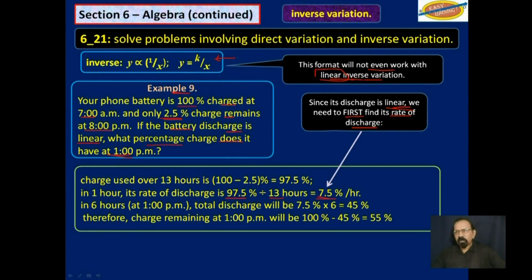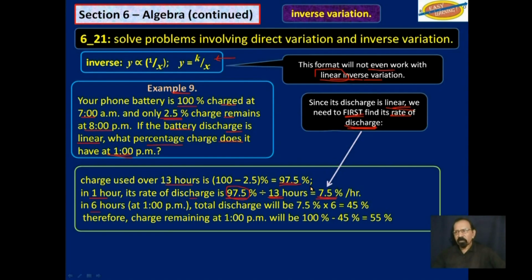Charge used over 13 hours is 97.5%. Therefore, in 1 hour, its rate of discharge would be that 97.5% divided by 13 hours, which would be 7.5%. So we find, first of all, the rate of discharge.